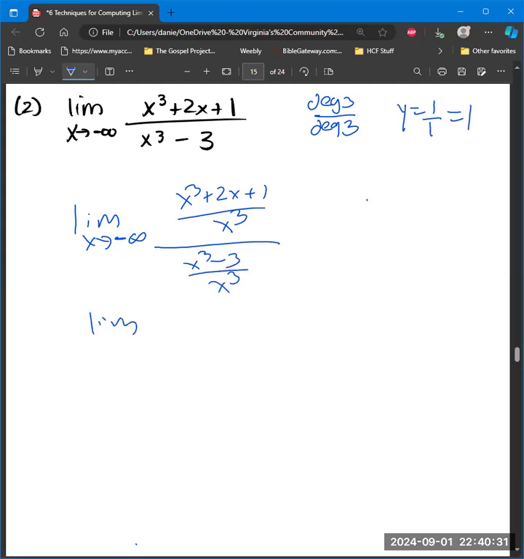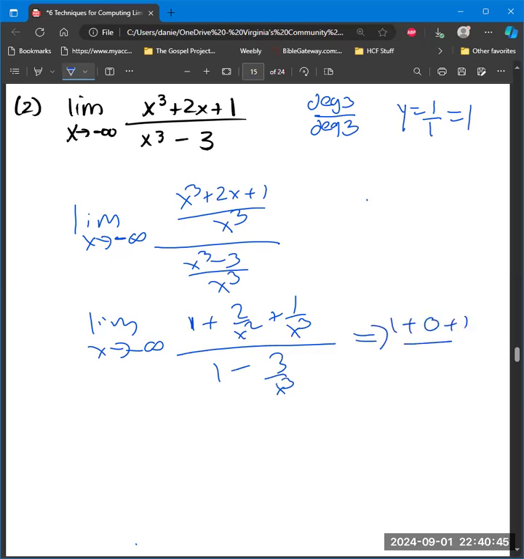It's going to be the limit as x goes to negative infinity of 1 plus 2 over x squared plus 1 over x cubed over 1 minus 3 over x cubed. It's going to go to 1 plus 0 over 1 minus 0, which is equal to 1 over 1, which is 1.